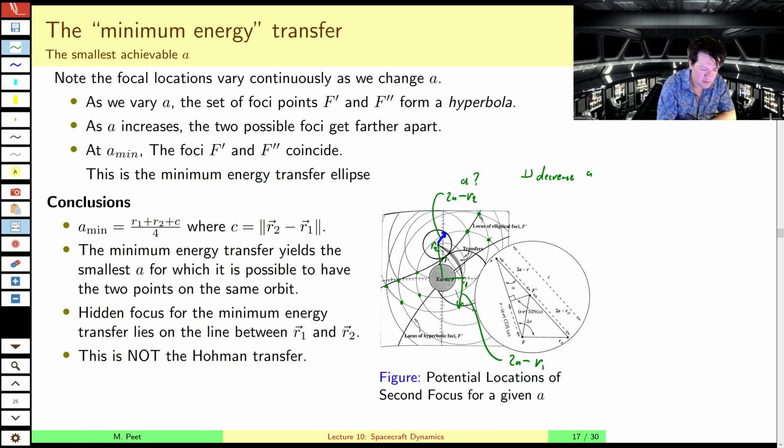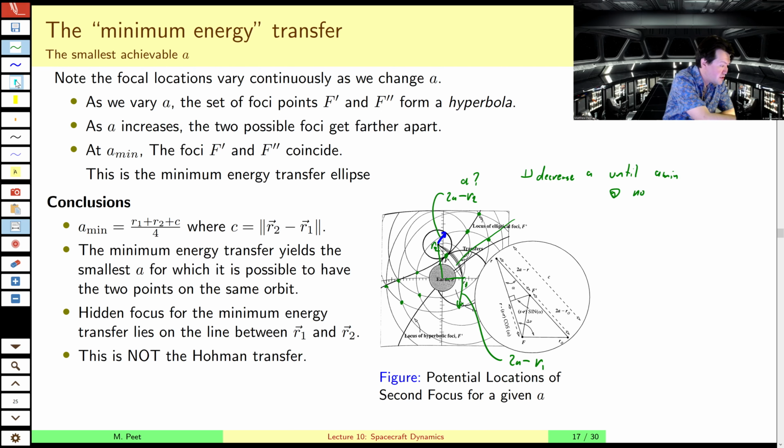I don't think I've drawn it quite right, but the focal points over there should follow that curve as well. Anyway, as we decrease this radius, these circles get smaller and smaller until at some point they get so small that they no longer intersect, at which point there's no intersection, or there's only one intersection, this point right here.